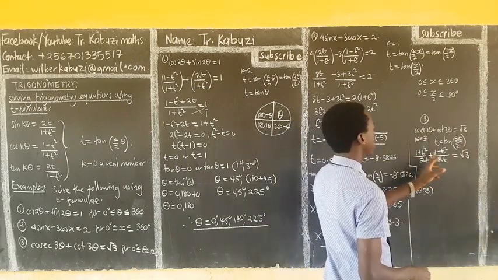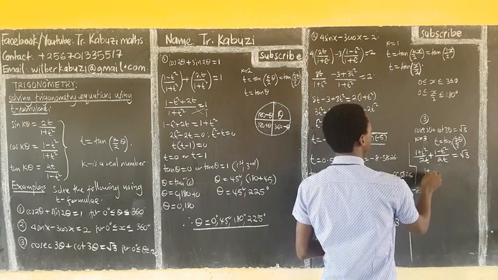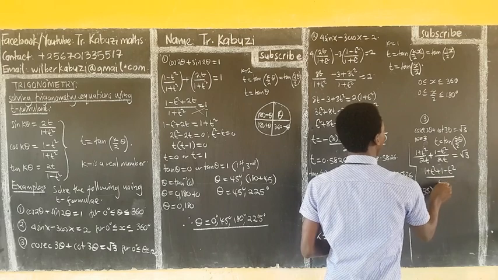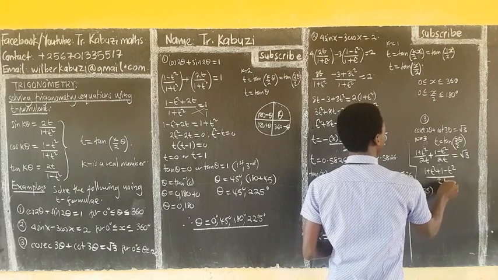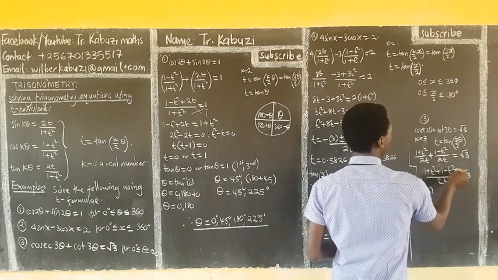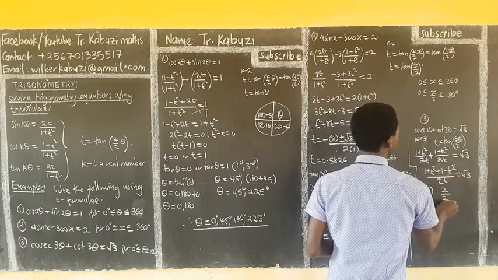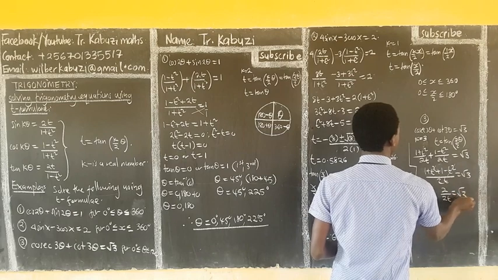So the LCM is the same, so we shall add there. So we have 1 plus 3 squared plus 1 minus 3 squared, the whole over 2t, the LCM, equaling to root 3. So this and this they cancel. I have this 2 over 2t equaling to root 3.